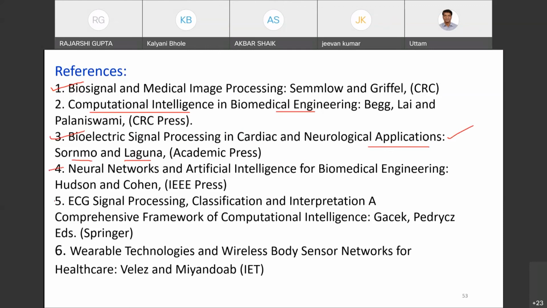These are the books that will give you the foundation of artificial intelligence or machine learning applications, mostly for ECGs. And if you want to have some idea on wearable technologies where you can develop some on-device measurements, then book number 6 may be very useful, because here the guideline for developing standalone applications is provided.